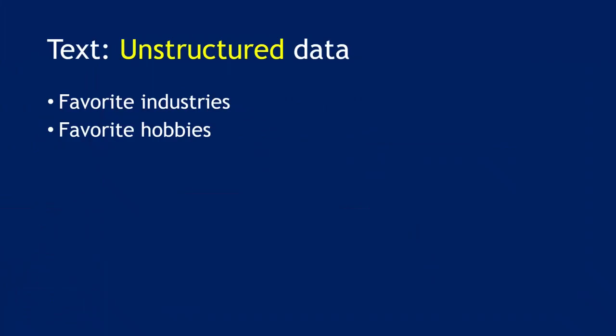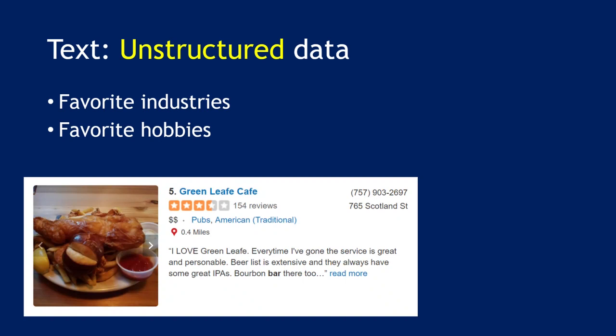There's also a category of variable called unstructured data. So for example, text. In our survey, I asked for favorite industries, favorite hobbies. Those are open-ended questions. You can enter whatever you want. So that's text data. Customer reviews: the stars are actually quantitative data. However, the review over here is qualitative data or unstructured data or text.